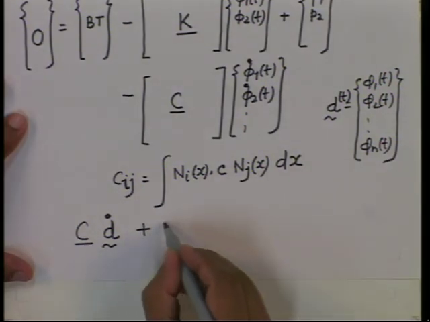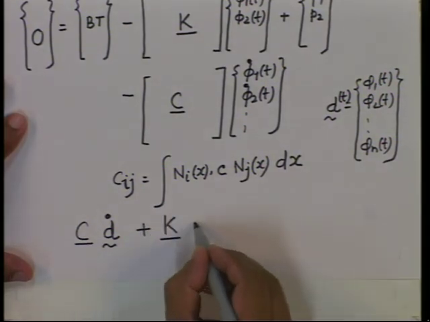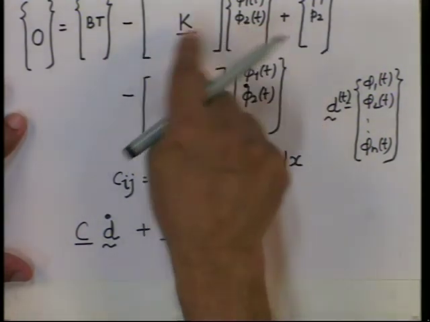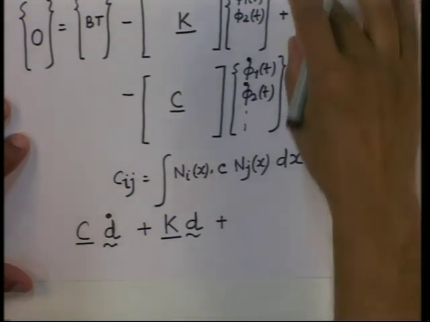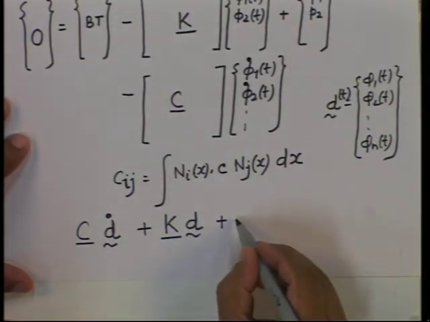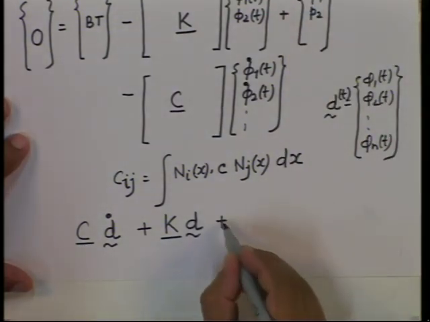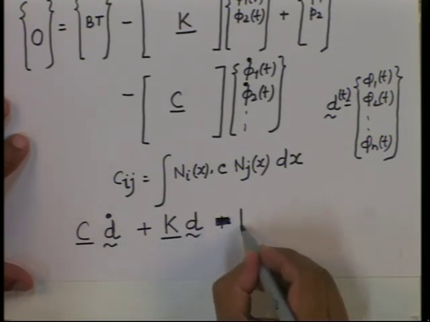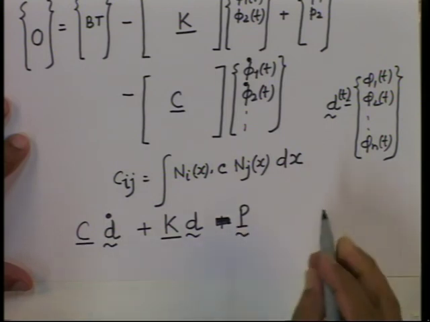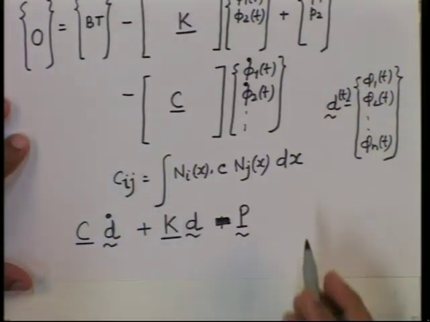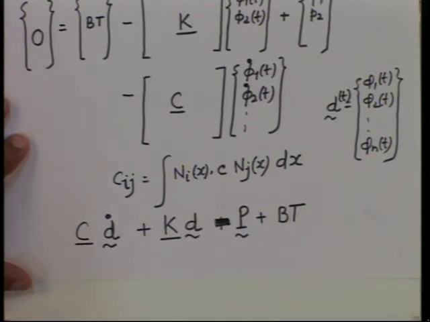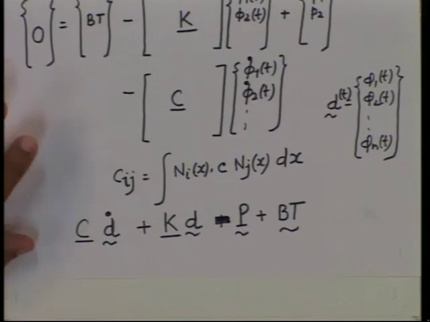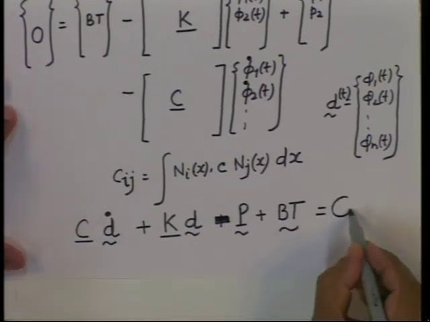So let us take positive K d, plus I will call this p, let it be on this side only. No, but this is minus as per our convention, it does not matter, let it be minus p, plus boundary term in case it is there, equal to 0.